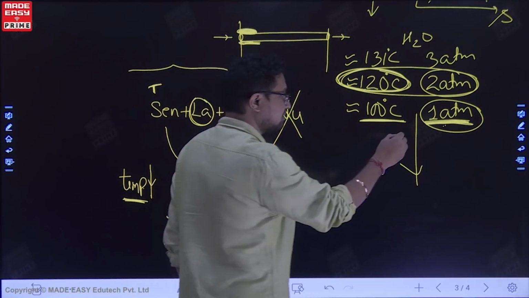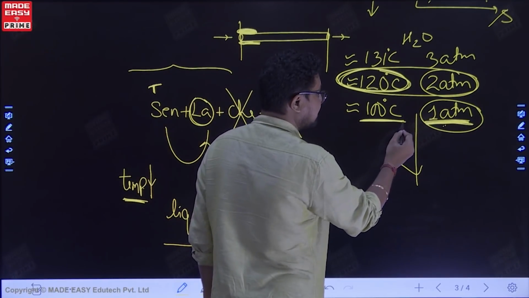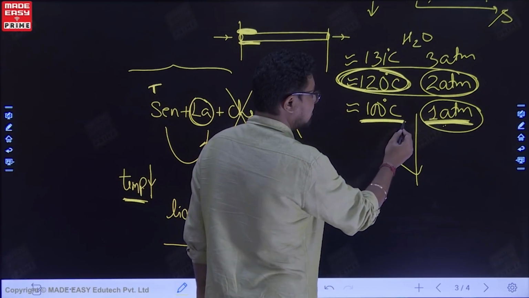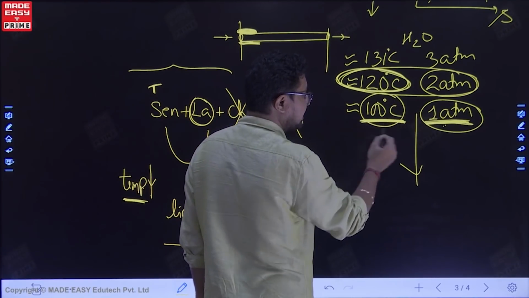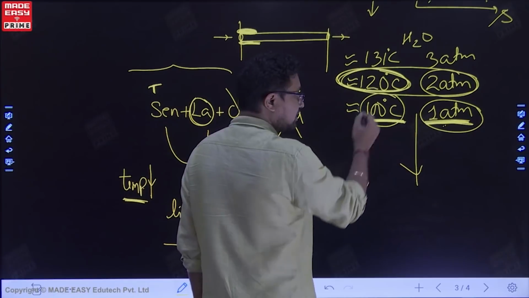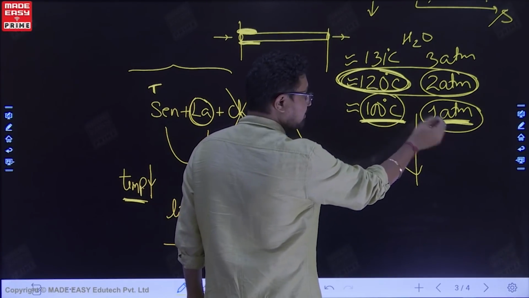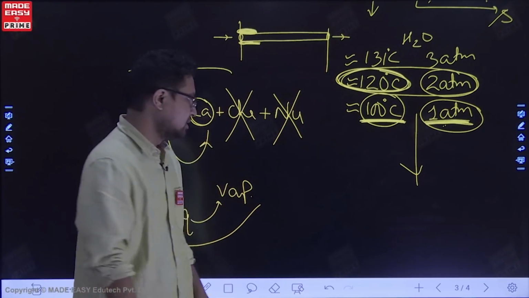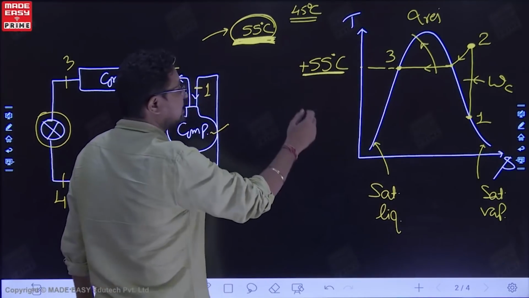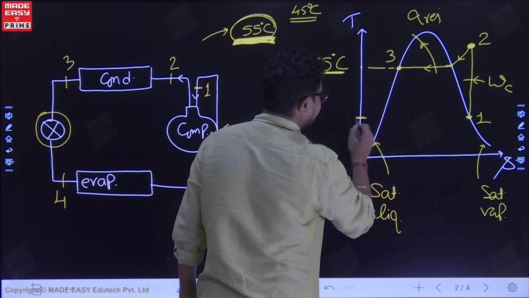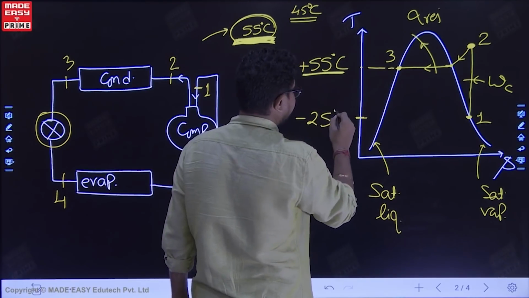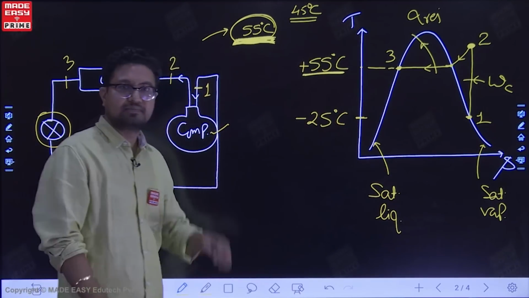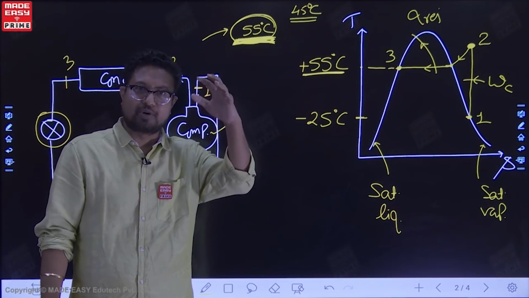Like for water, if you don't want the liquid to be above 100, you should drop the pressure to 1 atmosphere. Liquid cannot be above 100. I want the refrigerant to be at minus 25. So there will be the property table data.